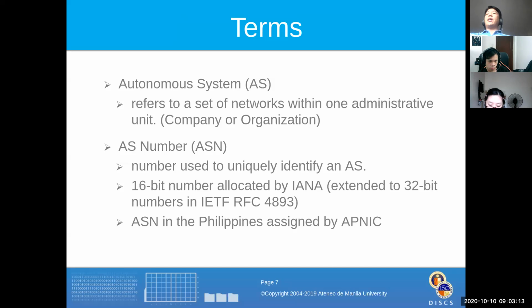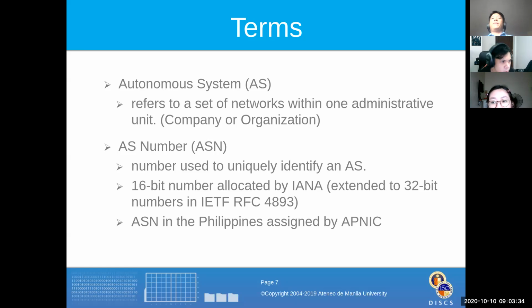So Ateneo's AS number is actually 18888, so 18188, for example. So it's not very hard to remember. It's actually quite easy to remember. So the autonomous system number basically is a unique 16-bit number. Now it's a 32-bit number, but when Ateneo got its number, it was still 16-bit, and it is unique in the entire world.